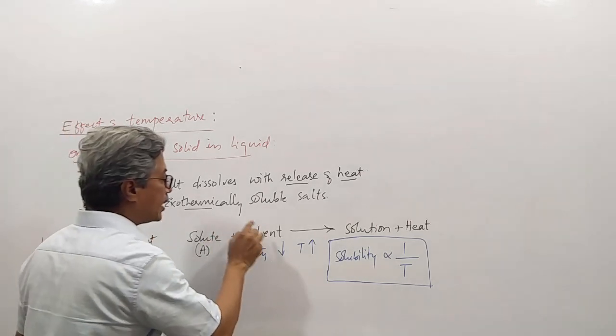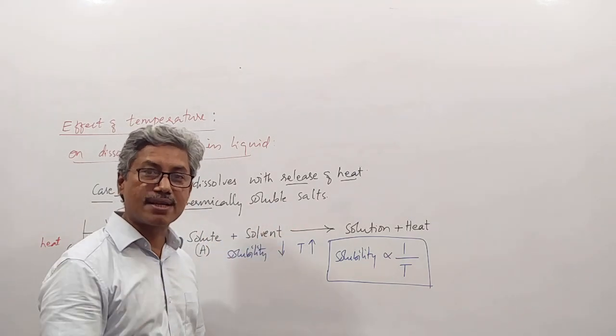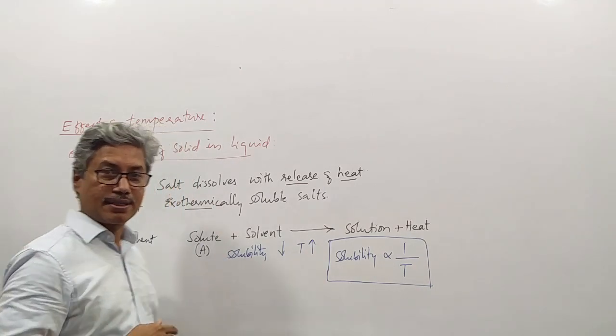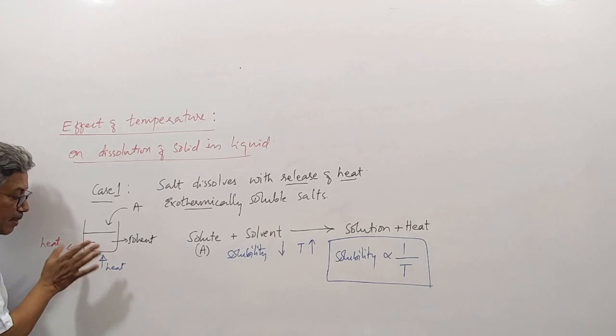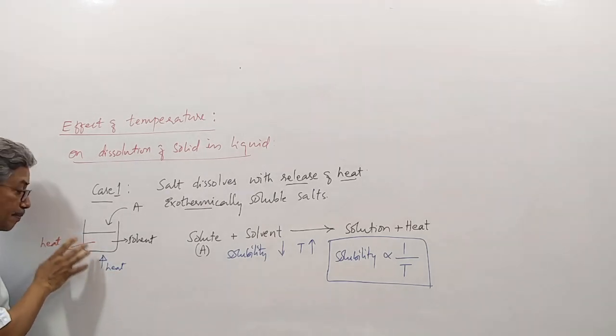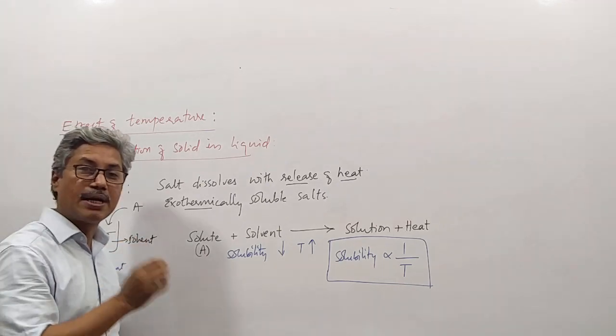Solute A, upon dissolving in solvent, dissolves by the release of energy. And what are you doing? You are increasing the temperature. You are supplying heat energy to this system. That means this heat energy supplied by you is opposing this heat energy. Clear, students? That means this heat opposes this solubility.